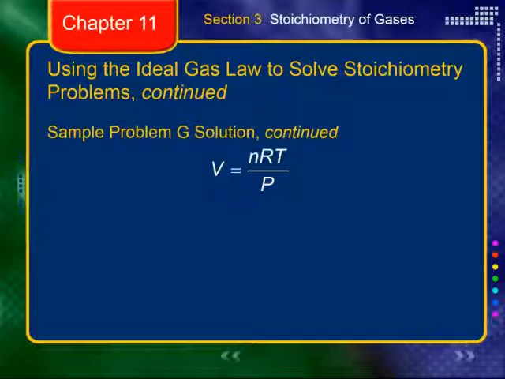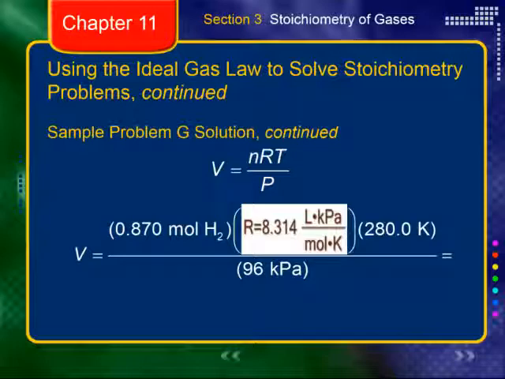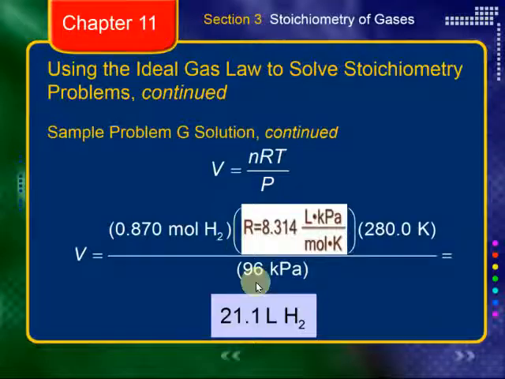So rearranging the ideal gas law before you plug in your values is going to look like this. Volume is equal to nRT over pressure. And now we just have to make sure we have the correct values lined up. We have the amount of moles of hydrogen that we just calculated, the 0.870 moles, multiplied by the appropriate R value, which is 8.314 because of the kilopascals over here.